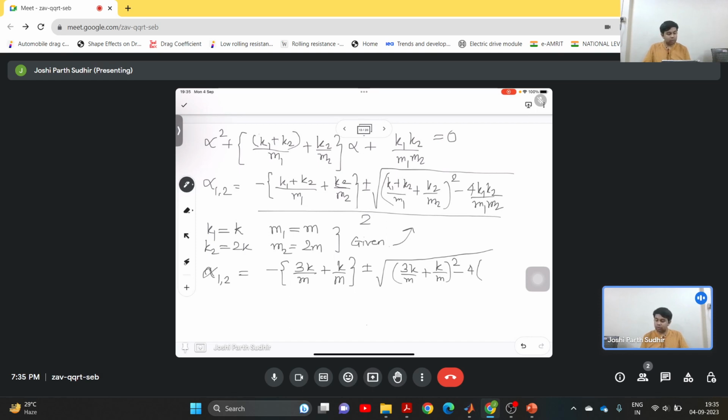So k1 by m1 will be k by m and k2 by m2 will also be k by m. So it will be k by m whole square upon 2, which will be minus 4 k by m plus or minus square root of 4 square times k by m whole square minus 4 into k by m whole square, upon 2.